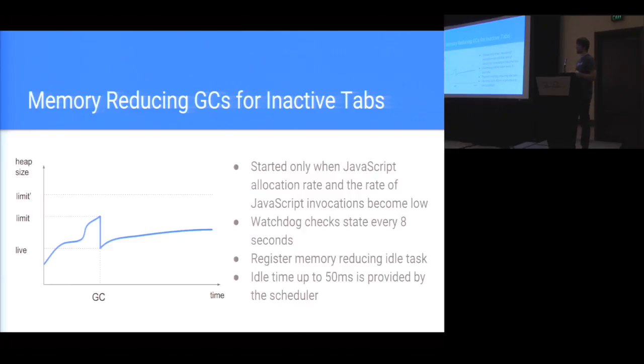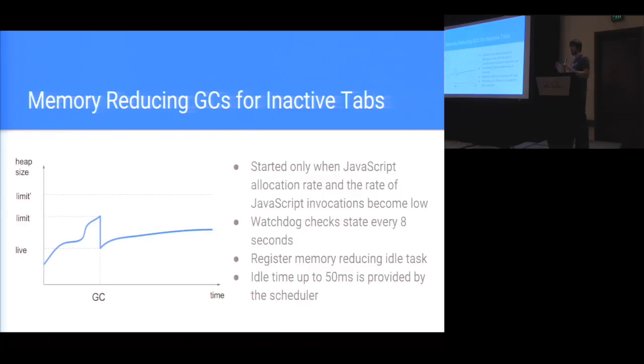We have a watchdog, basically, if there's no interaction going on, a watchdog goes off every 8 seconds, checks these heuristics and publishes such an idle task in the task queue. The idle task scheduler is really nice for us. It also has a notion of idleness, of inactiveness. If nothing is going on, if there are no events in the task queue, it will give us up to 50 milliseconds of idle time.